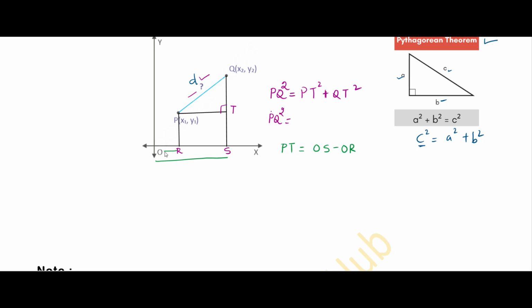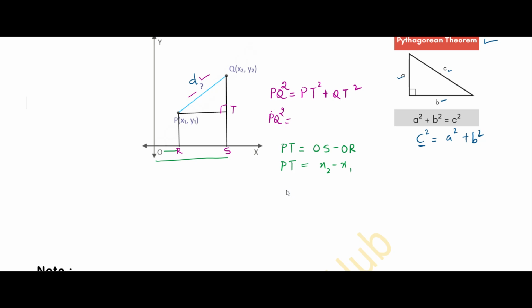If we subtract OS minus OR, we get PT, which is equal to RS. What is OS? OS is nothing but the distance of point Q from the y-axis, which is x2. In the same way, what is OR? It is x1. Therefore, PT equals x2 minus x1.